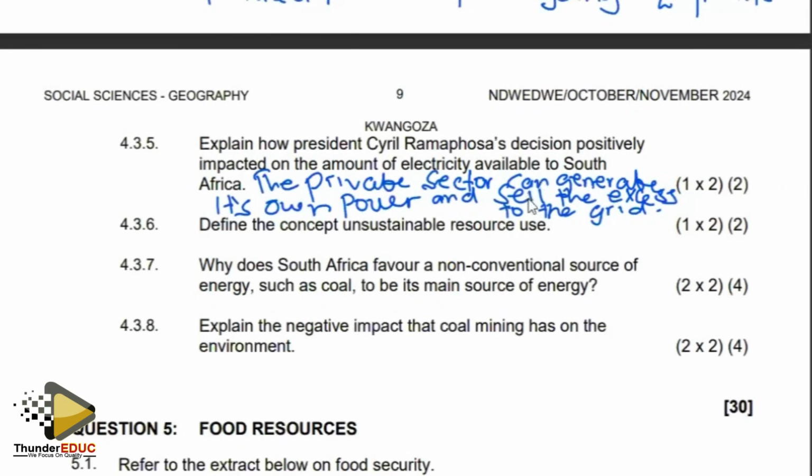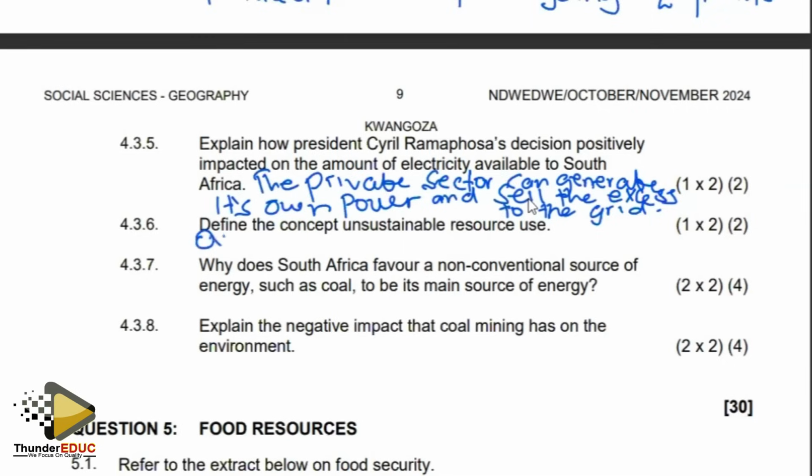Define the concept unsustainable resource use. When you talk about unsustainable resource use, you talk about the overusing and abusing resources without carefully considering future quantities of that resource or the quality of that resource.